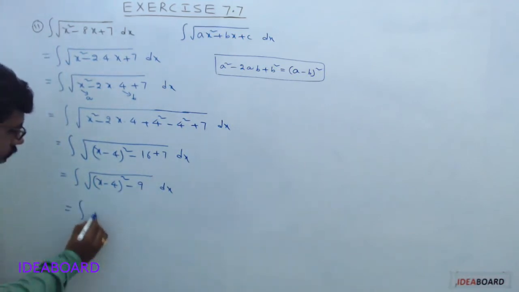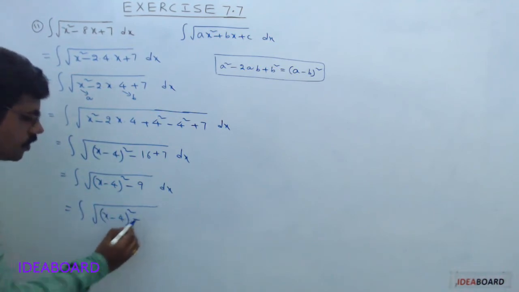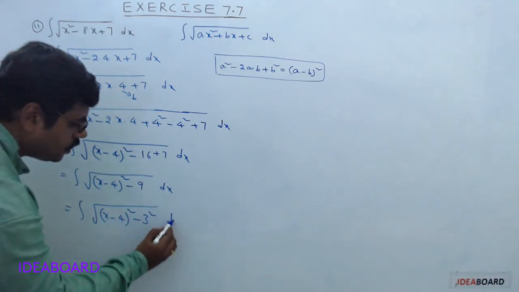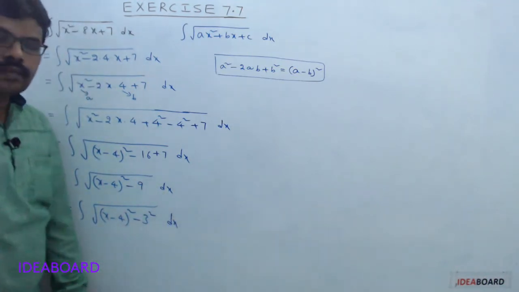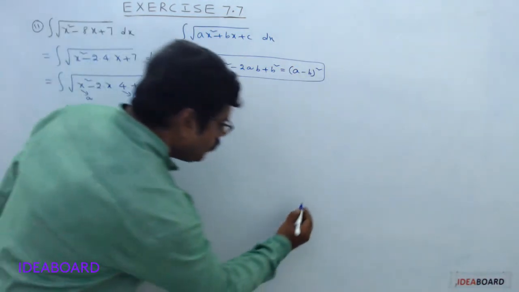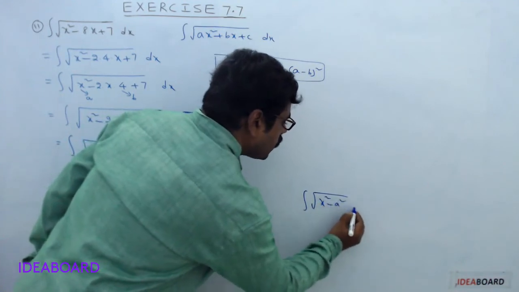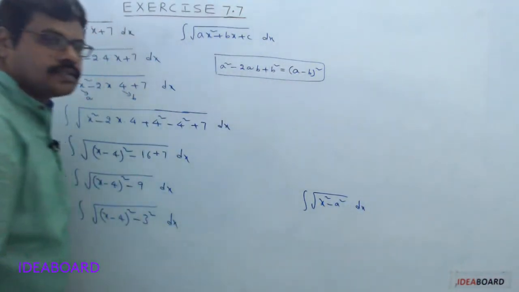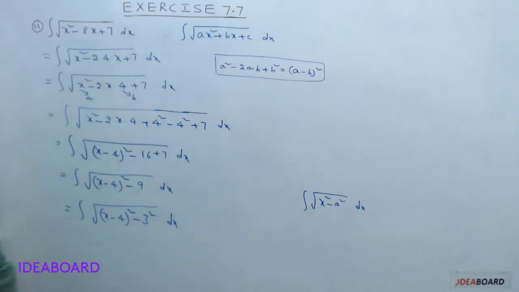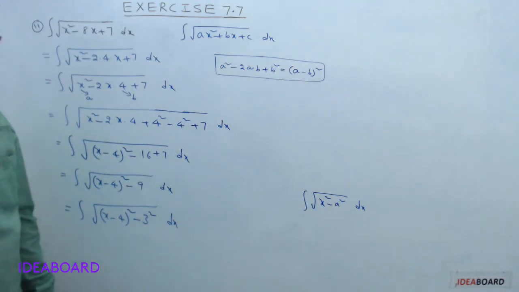Now this is integral square root of x minus 4 whole square minus 9, which can be taken as 3 square, dx. Now clearly this term is of the form integral square root of x square minus a square dx. In place of x, x minus 4 will be there. In place of a, constant term 3 will be there.